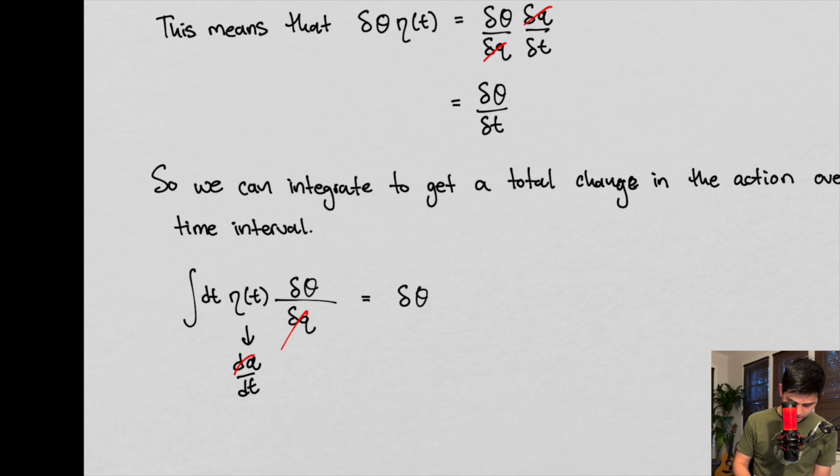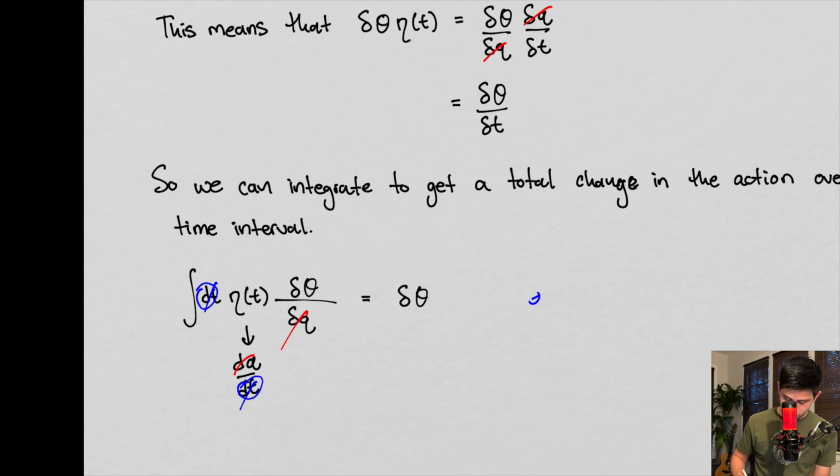Then when we integrate over time, that's essentially going to get us the total sum of all the small angles. So dt is going to cancel out with dt, and this is the integral of all the angles. That's going to give us our angles.